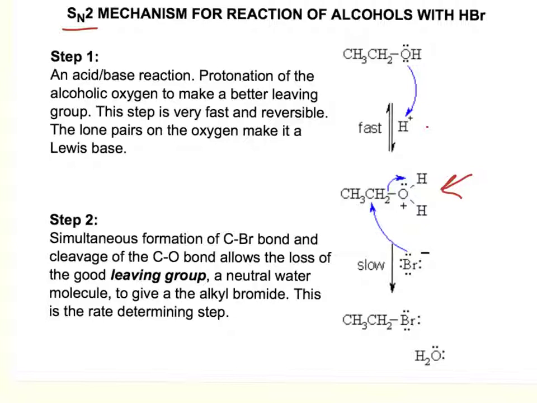But what you see happening in this next step, when this leaves, this bromide comes in, and this is simultaneous. It happens at the same time. What that means is that we're not getting a carbocation here. The reason being is that what we're looking at is a primary carbocation that would be formed in this case, and that's not a very favorable thing. And so they have a different type of mechanism that works here, and this is called an SN2.